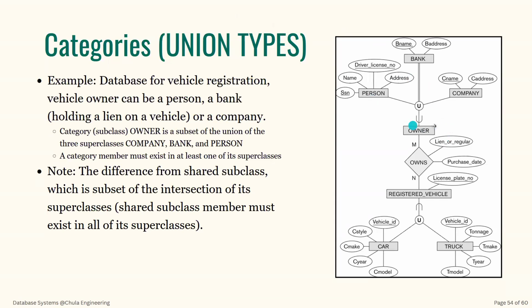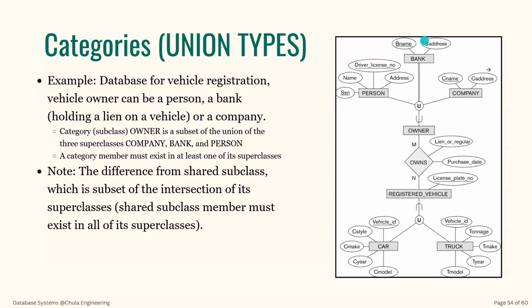It means that an owner can be a union of person, bank, or company. So when an owner is a bank, then the person and company may be null. When you union it, you just see that the bank is the owner of that car. Or if it's a person, then you keep these attributes.